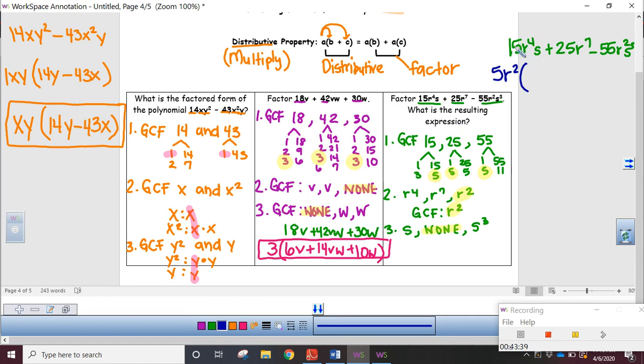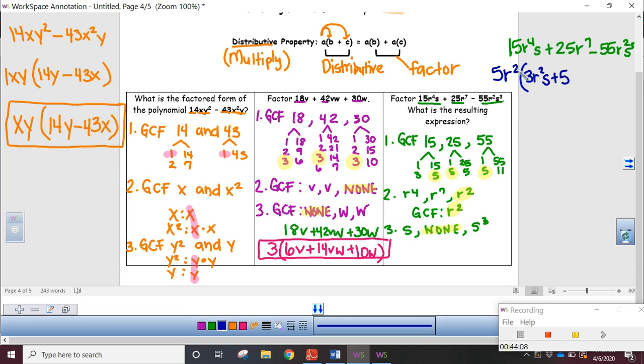So let's start with the first term. If I take out a 5, that's going to leave me with 3, because 5 times 3 is 15. If I take out 2 r's, well, 4 minus 2 is 2, so I'm left with r squared. I didn't take out any s's, so it's just left with an s. Now let's move on to the next one. 25, if I take out 5, it's going to be 5, because 5 times 5 is 25.